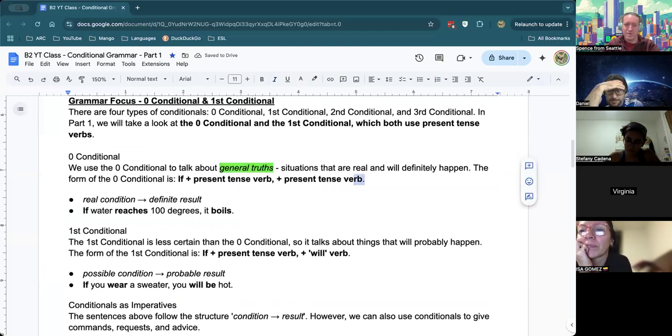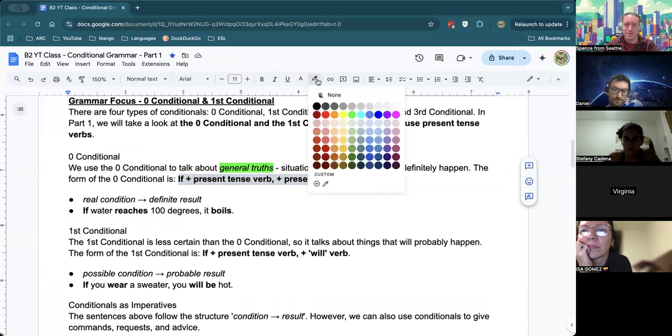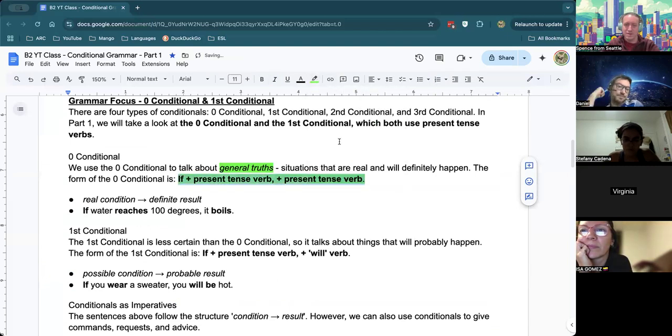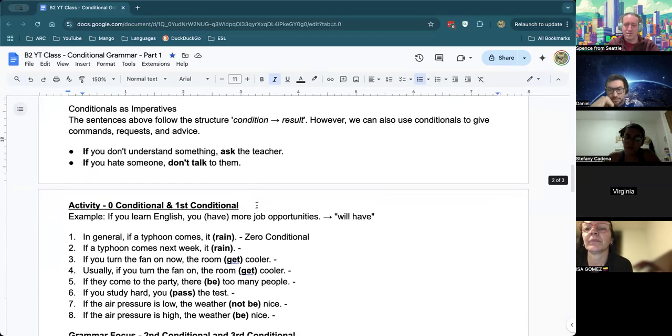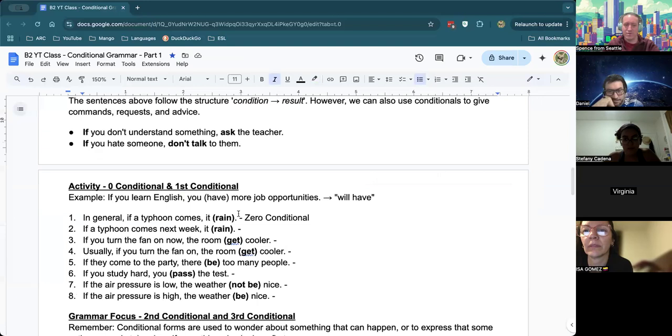And to form zero conditional, we have what tense? Present tense, right? So if it reaches 100, it boils. Present tense, present tense. So here, is it will rain or rains for number one?